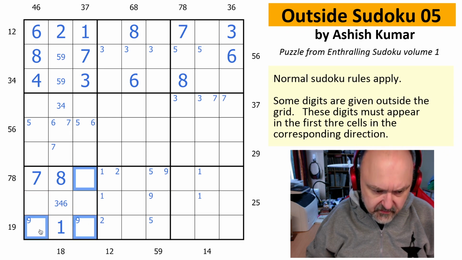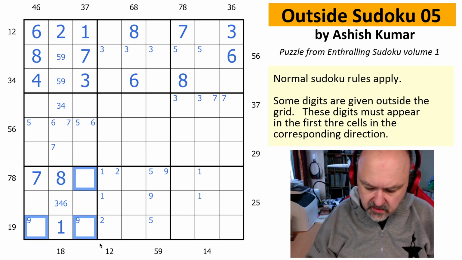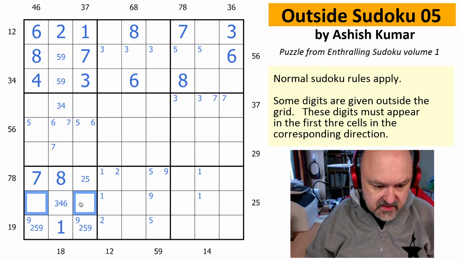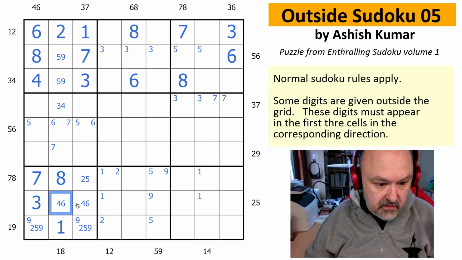So 2 and 5 must appear in those 3 cells, because if they appeared here, they couldn't appear here. So this has to be a 2, 5, 9 triple without that being the 9. So that means this is a 3, 4, 6 triple without this being a 3. This has to be the 3 because we've got the 4, 6. So we've now got a 4, 6 pair.